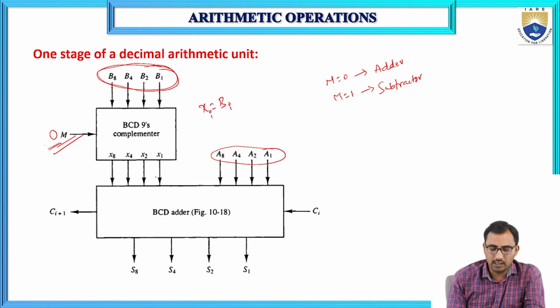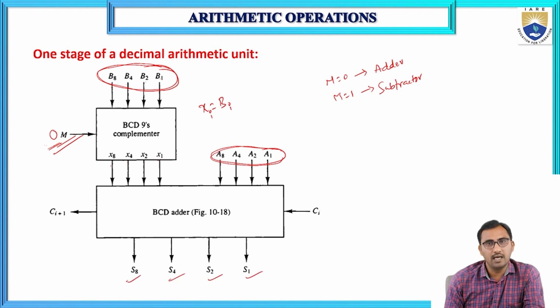Then the inputs A1, A2, A4, A8 are added with x1, x2, x4, x8, so that it performs the addition operation and gives the sum S1, S2, S4, S8 as the result.